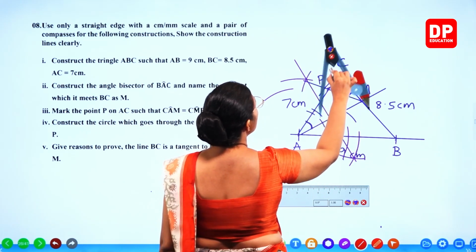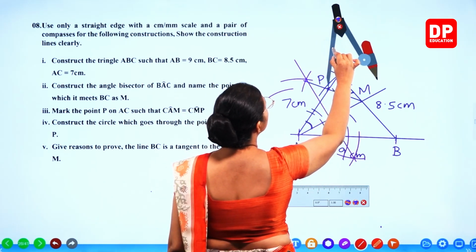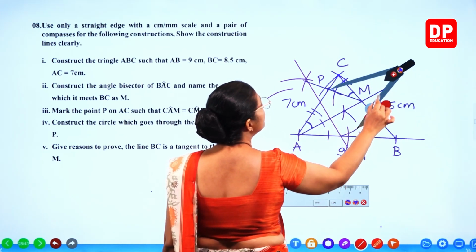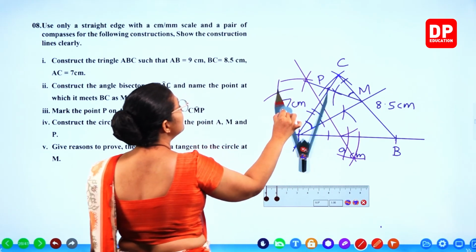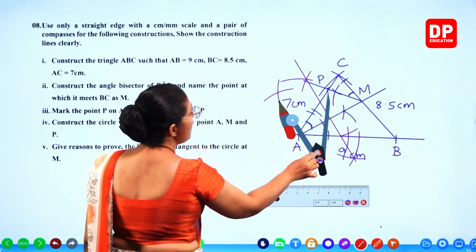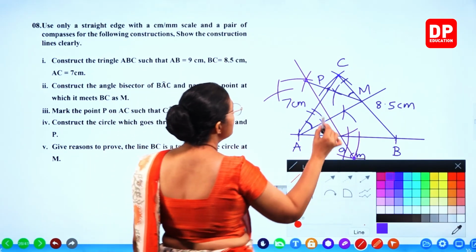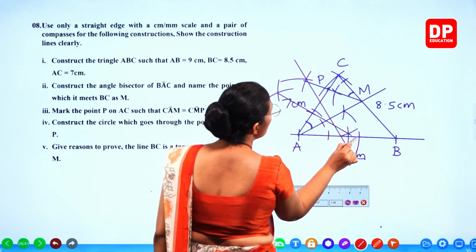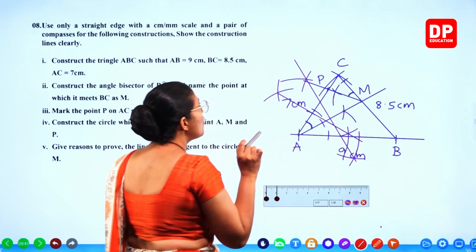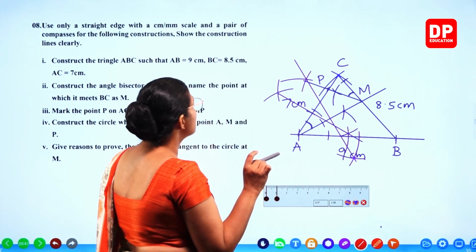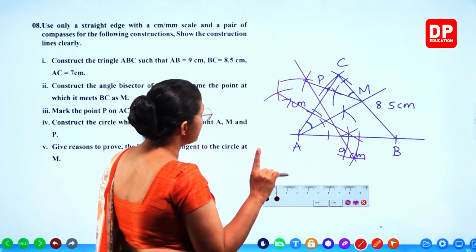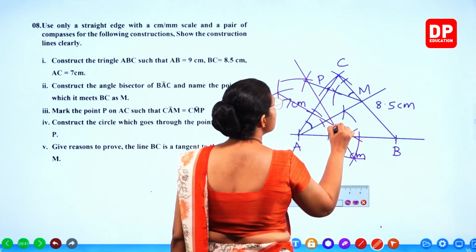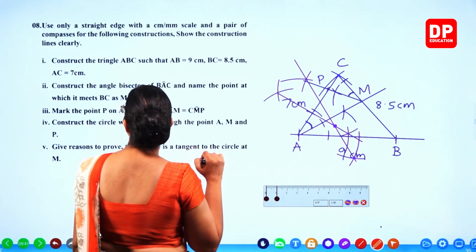And do the same thing for the P point here. And then connect the intersecting points, this one with this one. Now the intersecting point of the 2 perpendicular bisectors is the center of the circle. So this is the center.